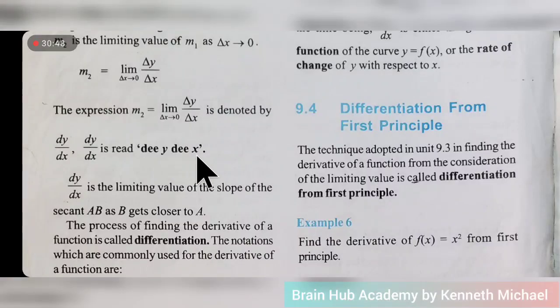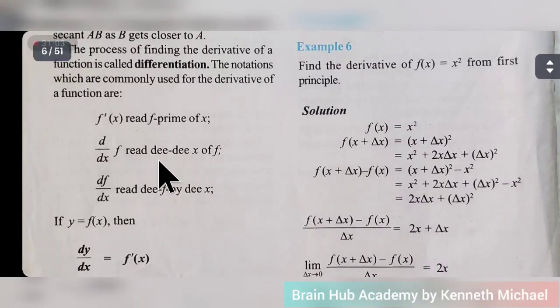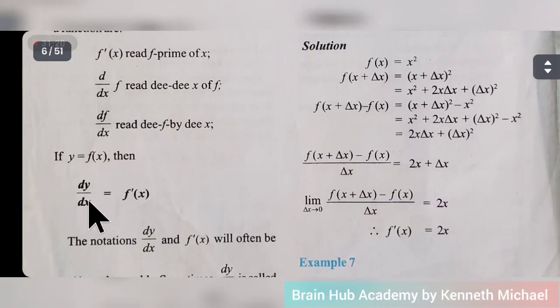We can represent dy ds as f prime of s, which is read as f prime of s, or differentiation of f with respect to s, d by ds of f of s, or you can also read it as df by ds. So if y equals f of s, then dy ds equals f prime of s.